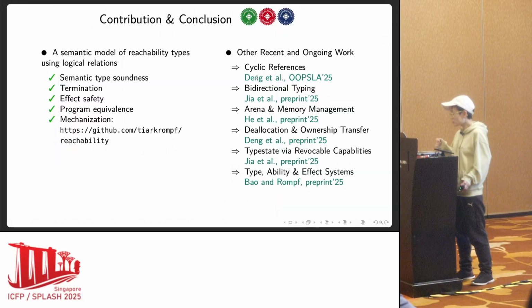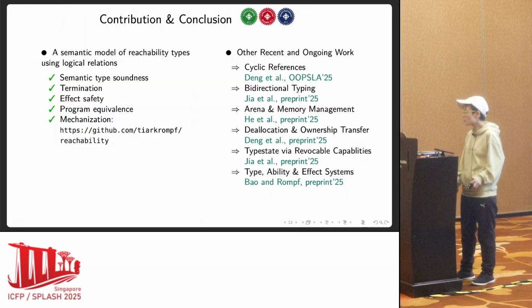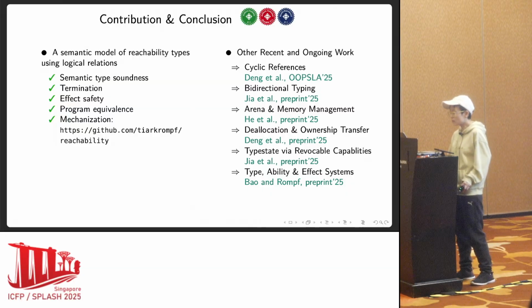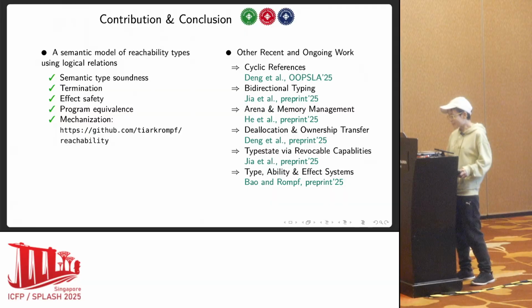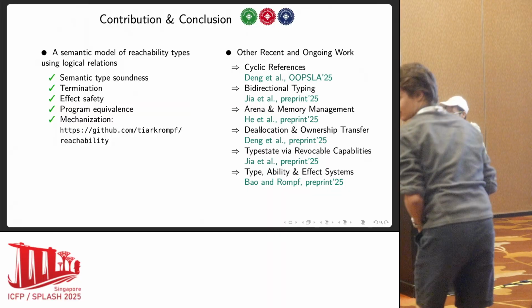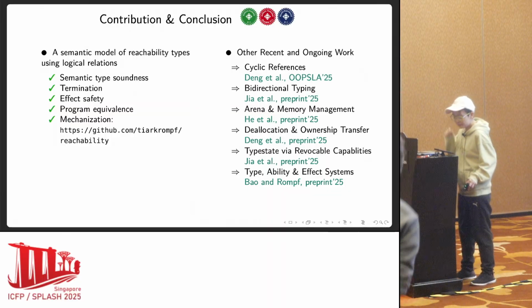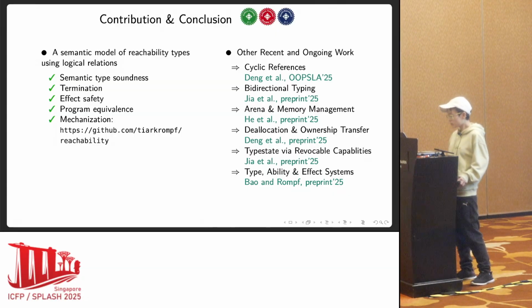The second part can be found in the paper on allocation and ownership transfer. With ownership transfer, we can build a flow-sensitive system to talk about typestate, and then use that to prove the correctness of API use.